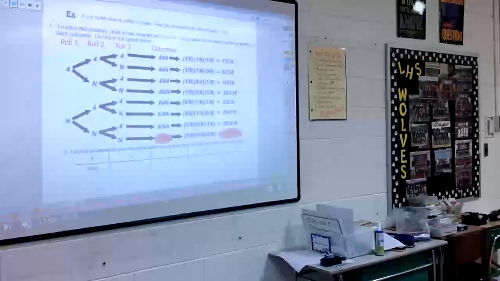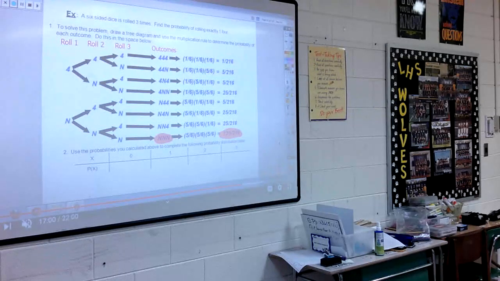So now if we add up those probabilities, we'll be able to fill in the table at the bottom. The table will give us the chance of rolling zero 4s, of rolling one 4, two 4s, and then that small chance of rolling three 4s.